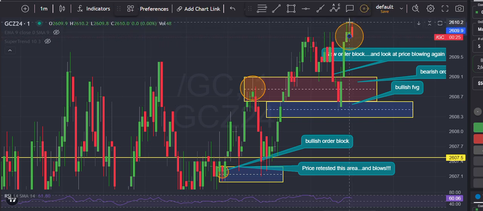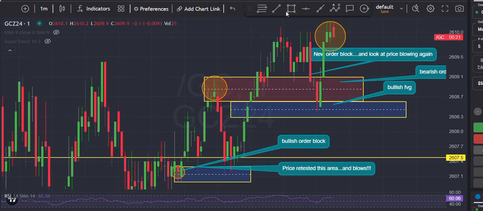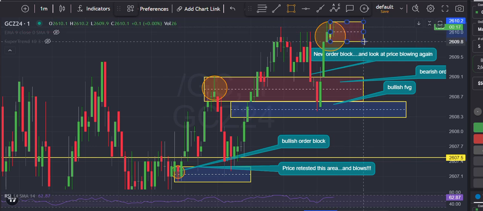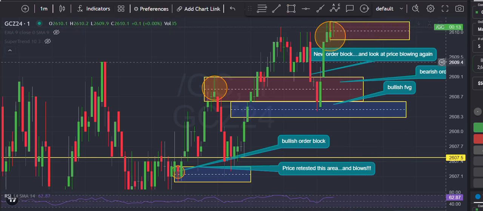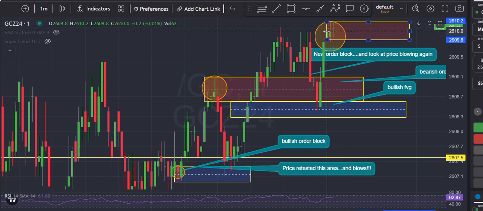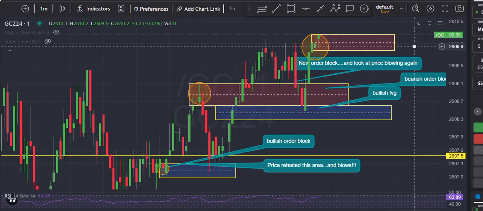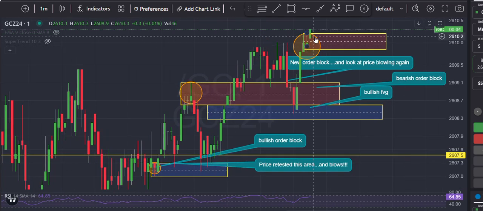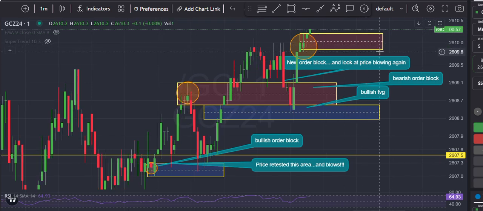Circle this. This will be a bearish. Okay, so if price doesn't come down, then it's going to be invalidated.